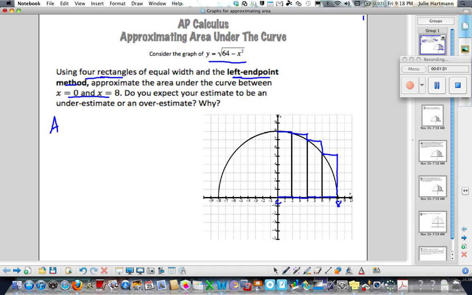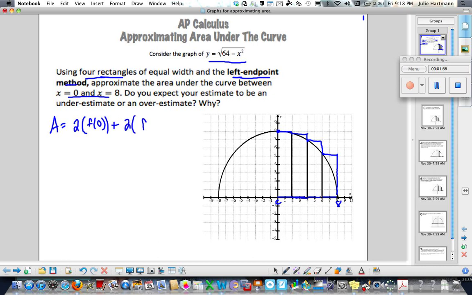So to find that estimate, we're going to find the area of those rectangles. The first one, between 0 and 2, we know the base is 2. The height is 8, and that's basically y of 0, or 8. So we're going to call that f of 0 just to keep track here. On the next rectangle, between 2 and 4, the base is 2.